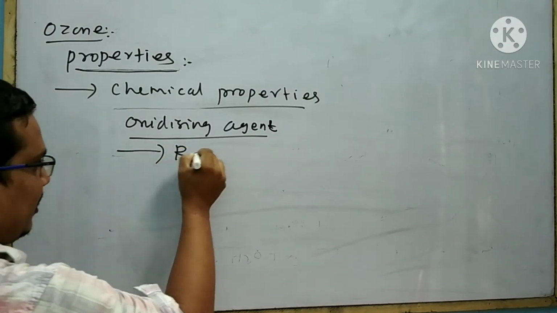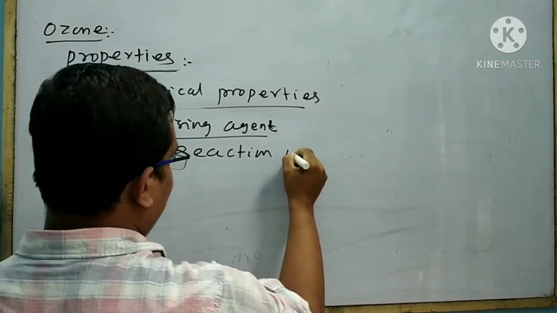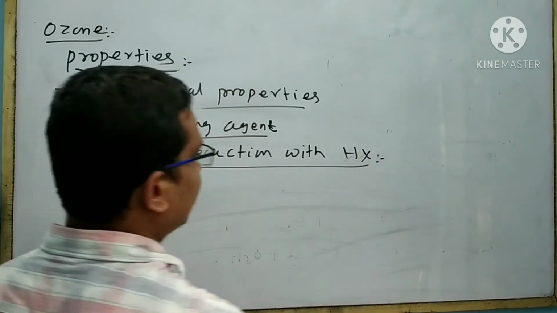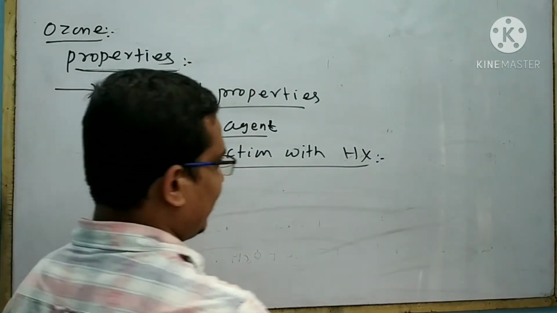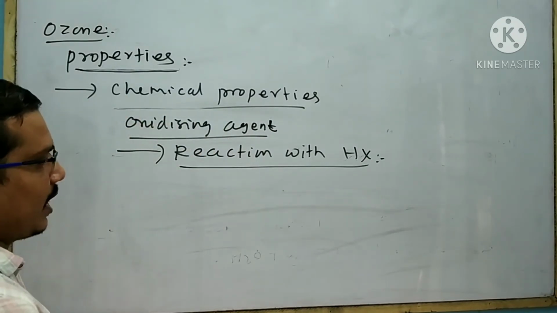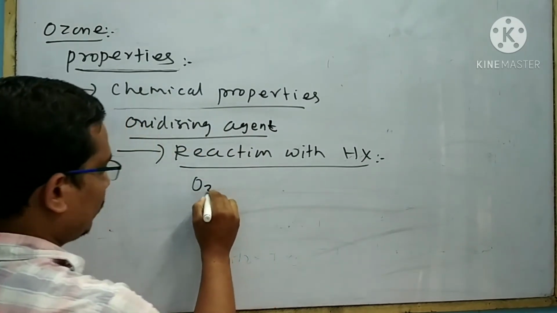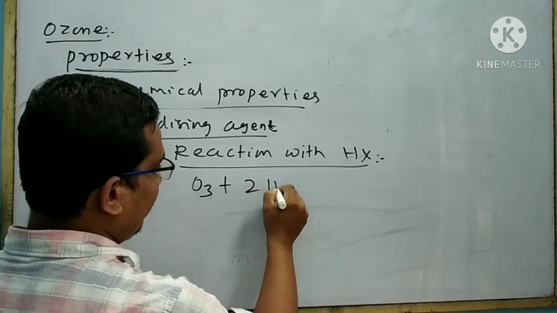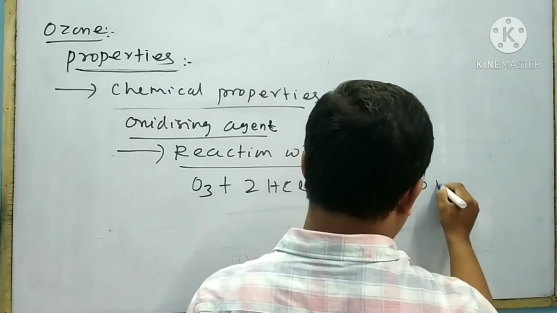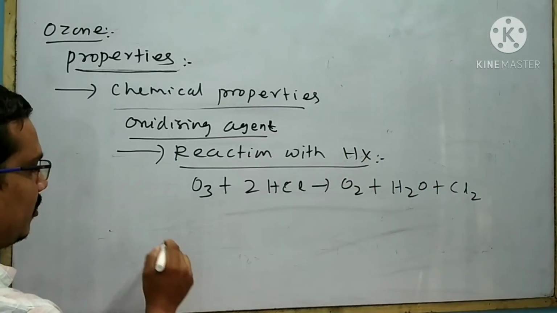Next is reaction with HX. Ozone oxidizes HX to the corresponding halogen. Suppose I take the reaction O3 plus 2HCl gives O2 plus H2O plus Cl2.